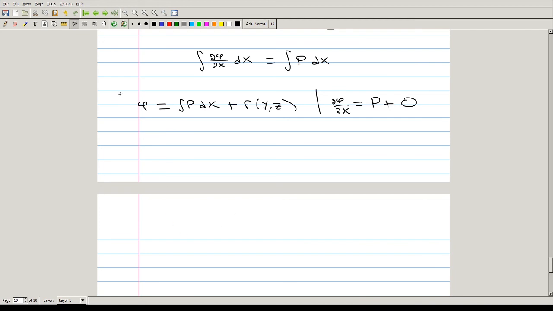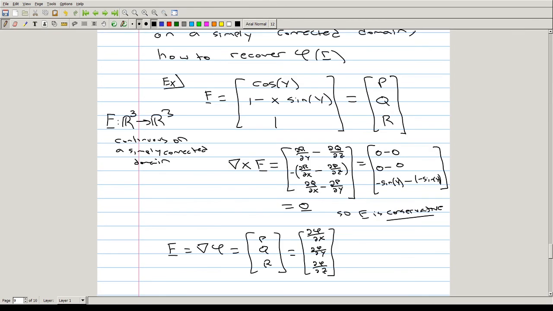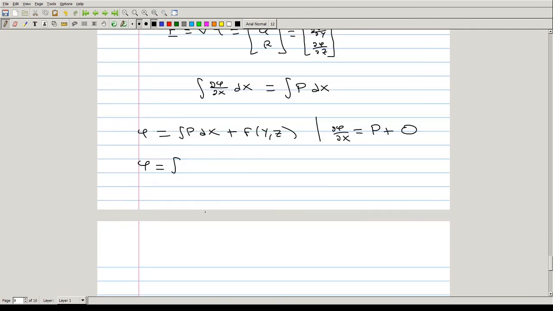So specifically, this is telling us that phi is equal to the integral of p, and p is the function cosine of y, dx, plus some function of y and z. So phi is equal to, well, the antiderivative of cosine of y with respect to x is just x times cosine of y.